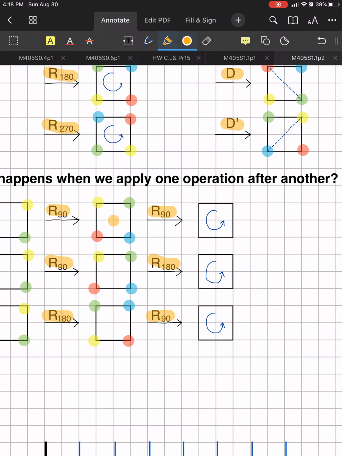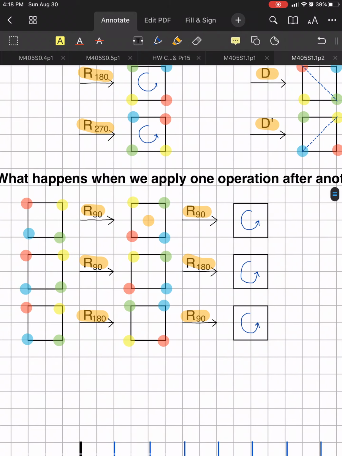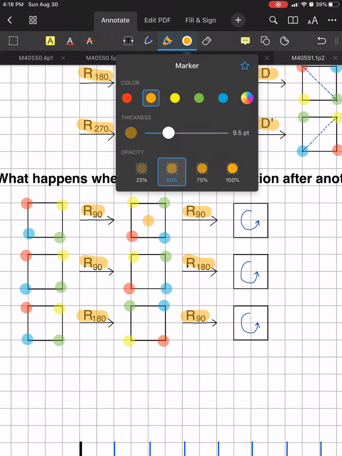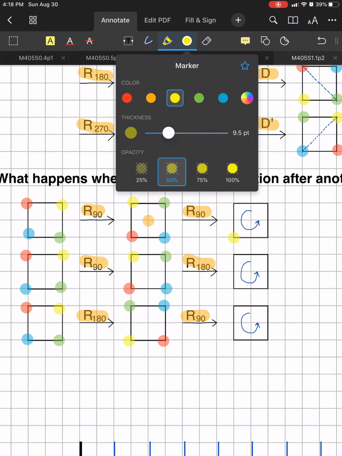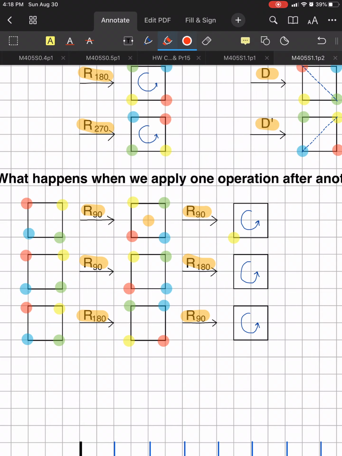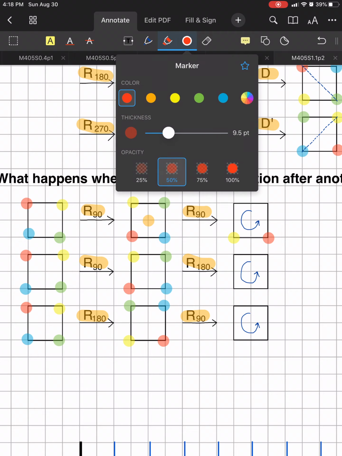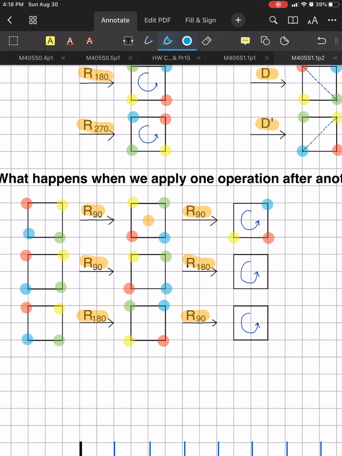That outcome that we got from our first rotation, and we rotate it counterclockwise 90 more degrees. Well, everything moves around the square one spot. So yellow moves there, red moves over to the lower right, blue moves up, green moves backwards.